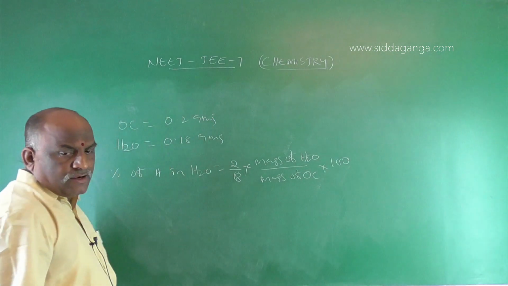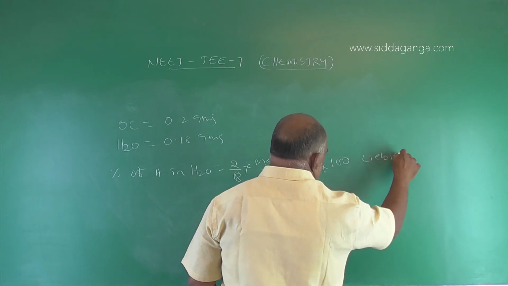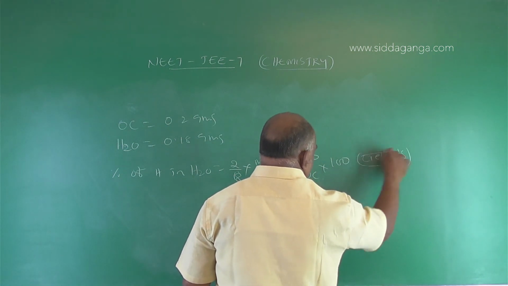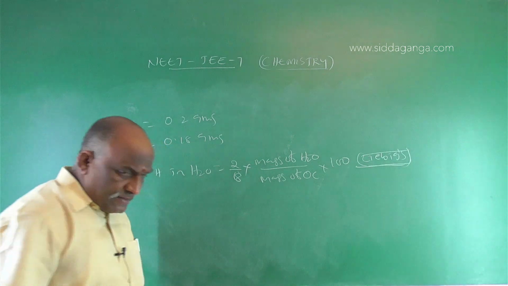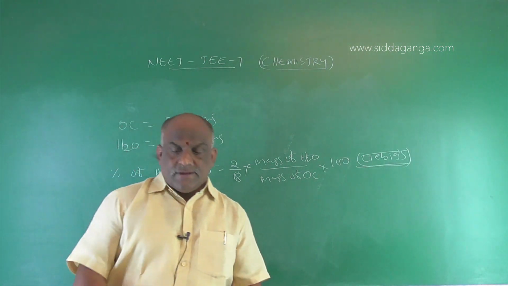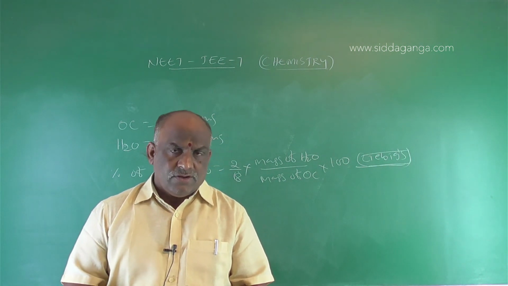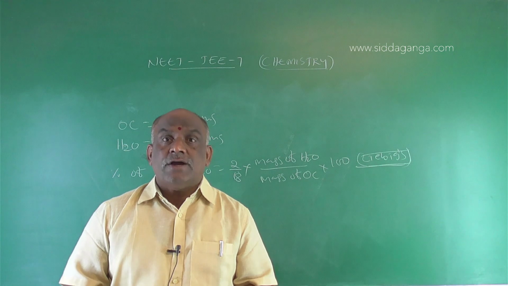This is the formula according to Liebig's method, a derivation formula to calculate the percentage of hydrogen.